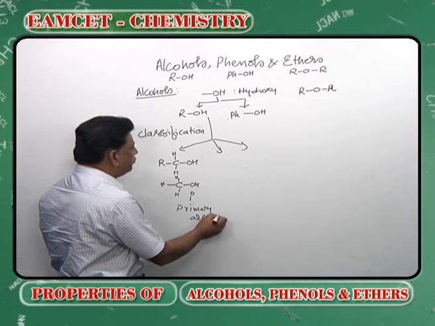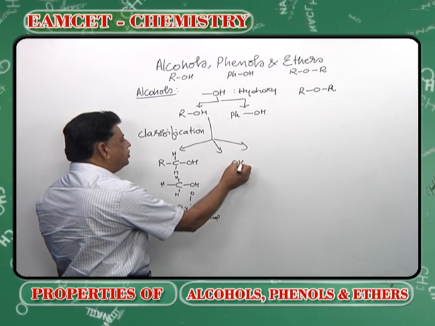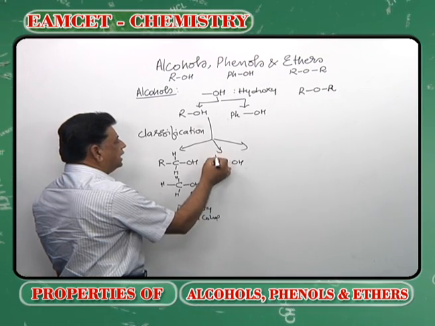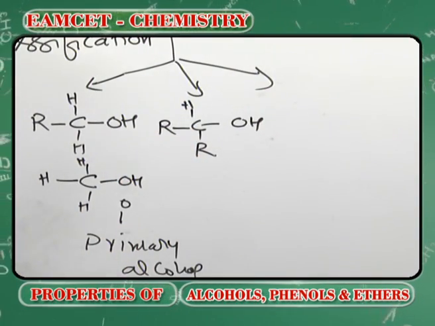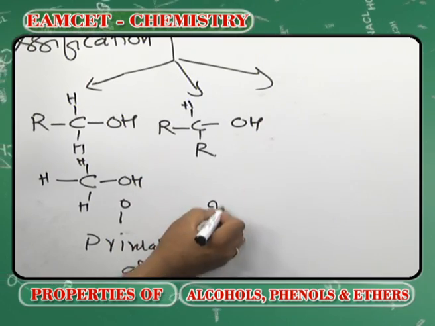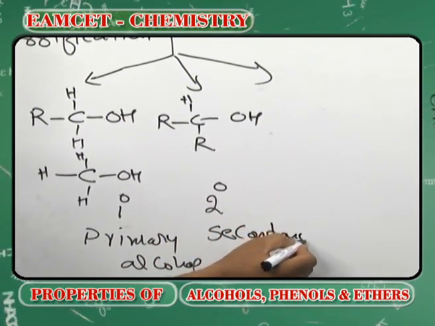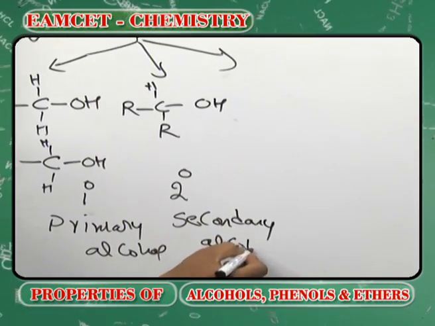Primary alcohols. If the OH is attached to a carbon where two alkyl groups are there, such alcohols are called secondary or 2 degree alcohols. Secondary alcohols.